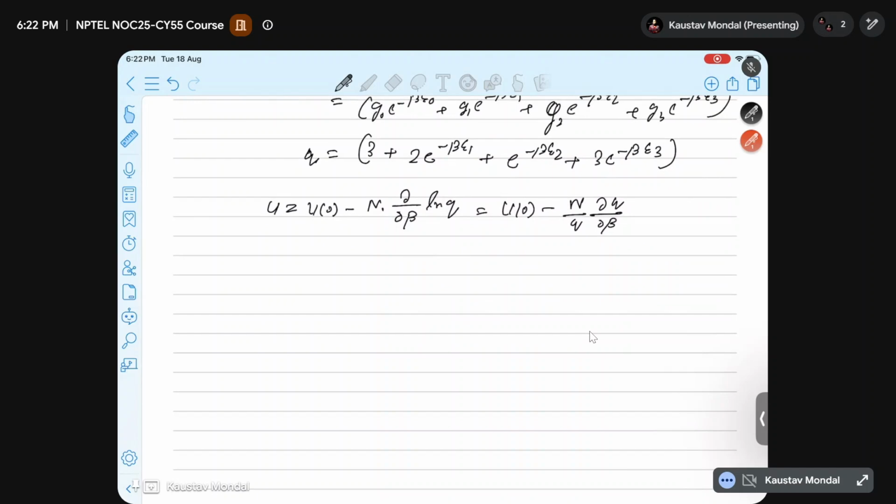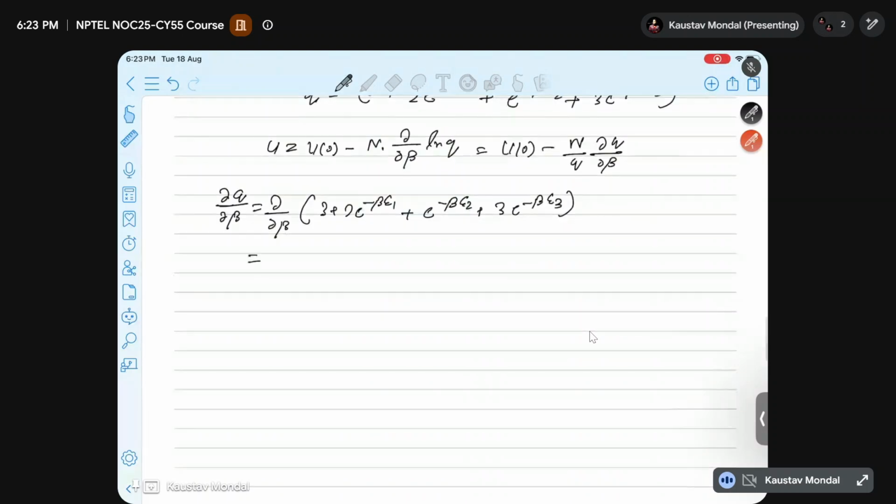Taking the derivative, we get minus 2 epsilon 1 e^(-beta E1) plus epsilon 2 e^(-beta E2) plus 3 epsilon 3 e^(-beta E3).